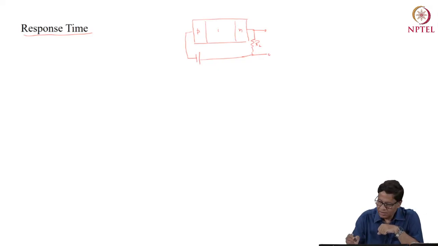Now this is the P region, this is I. There are holes and electrons which are generated as a result of this incident light of power, say P0. The hole will move in this direction and the electron will move in this direction.